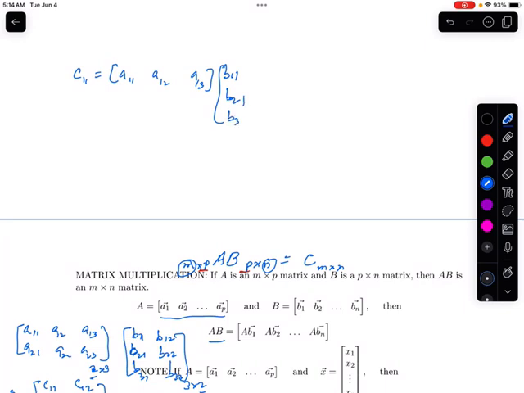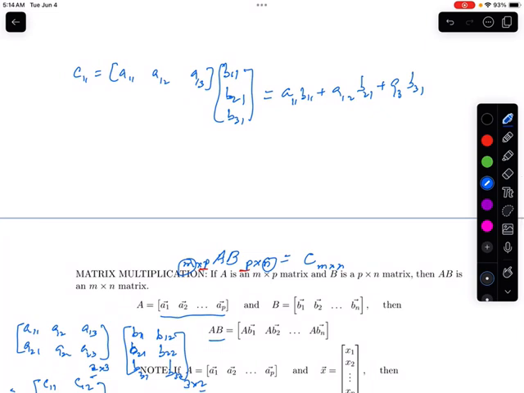So we take the dot product. It will be A11 B11 plus A12 B21 plus A13 B31. So this is giving us one entry, the entry which goes in the place C11.